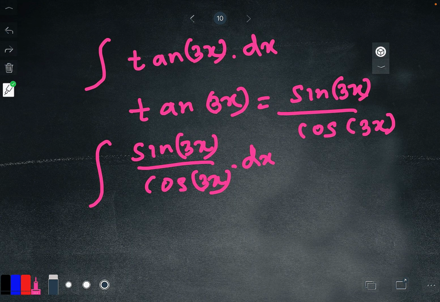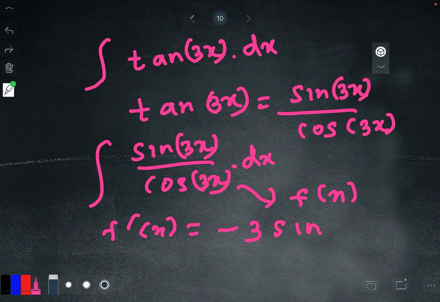So this is the numerator over denominator pattern. Now see, the denominator you consider as f of x. Try to find out the f prime x, the derivative of cos 3x. The derivative of cos 3x is minus 3 sin 3x, because the derivative of cos is minus sin, and the derivative of 3x is 3.